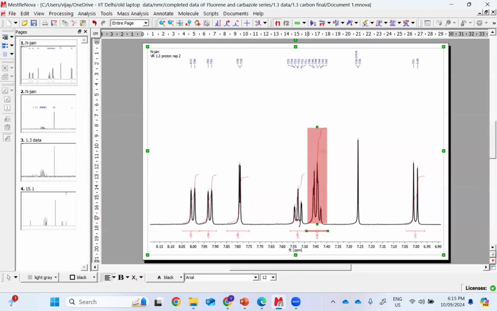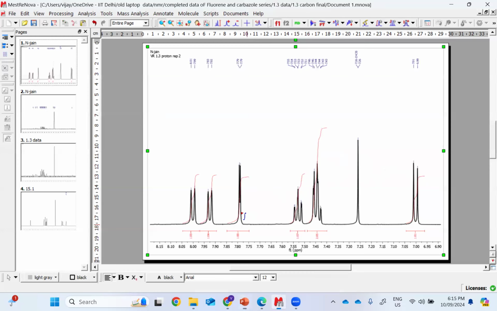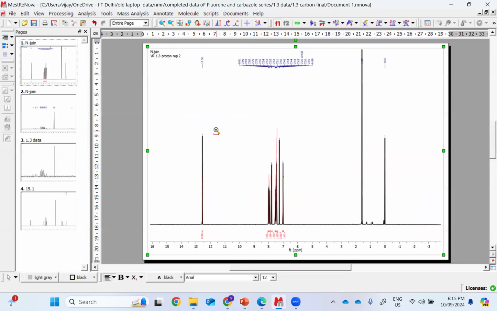And there is a triplet here. So one triplet, and the triplet which is merged with the doublet. So there are two triplets present in the molecule because of these 2 protons. So this is how the 1H NMR spectrum looks in reality. This is the 1H NMR spectrum of this compound.